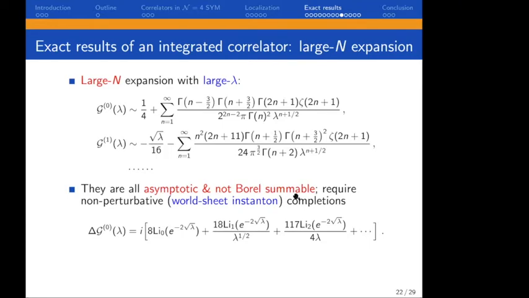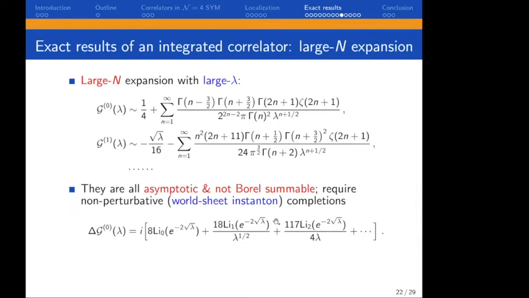Therefore, they require a non-perturbative completion for those terms, and we computed the non-perturbative completion. In particular, for the leading one, we found that the non-perturbative completion takes this form. Those are like polylogarithms, and they go like exponentially e^(-2 square root of lambda).